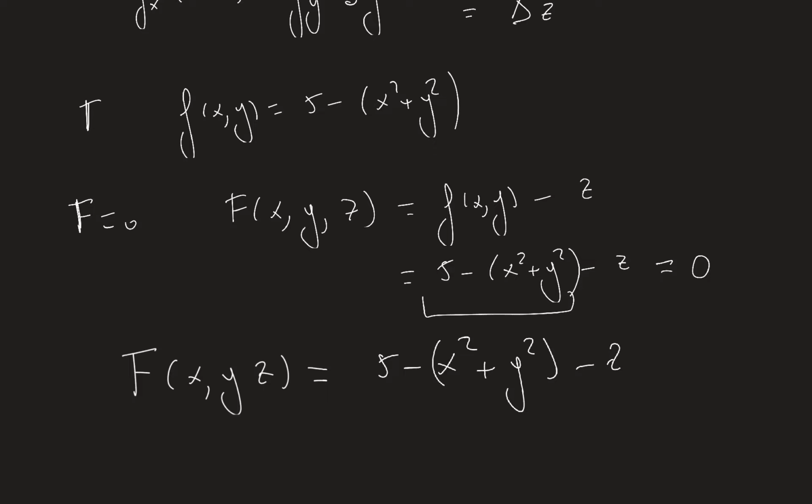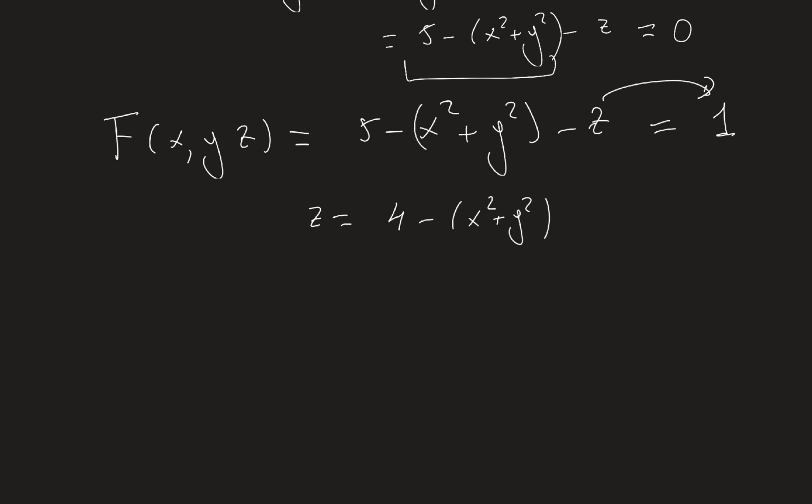If I have this function and I want the level surface equal 1, this refers to the function z equal 5 minus 1, which is 4. I put the z on this side. z equals 4 minus x squared minus y squared. So what happened?